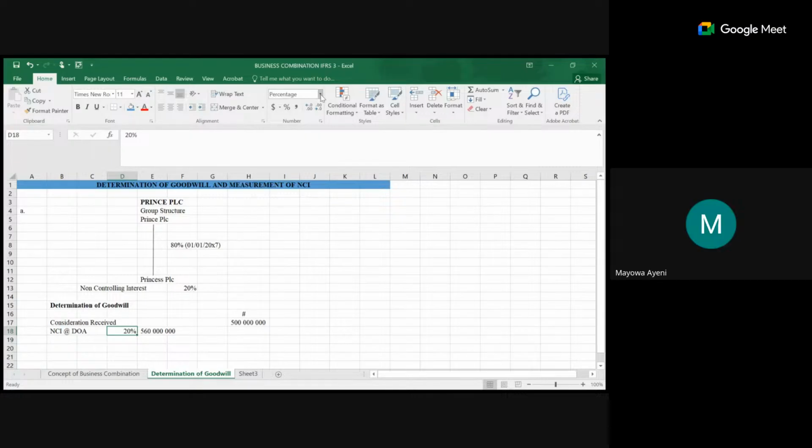Just do 0.2. No, you have to remove the percentage for it to trigger.